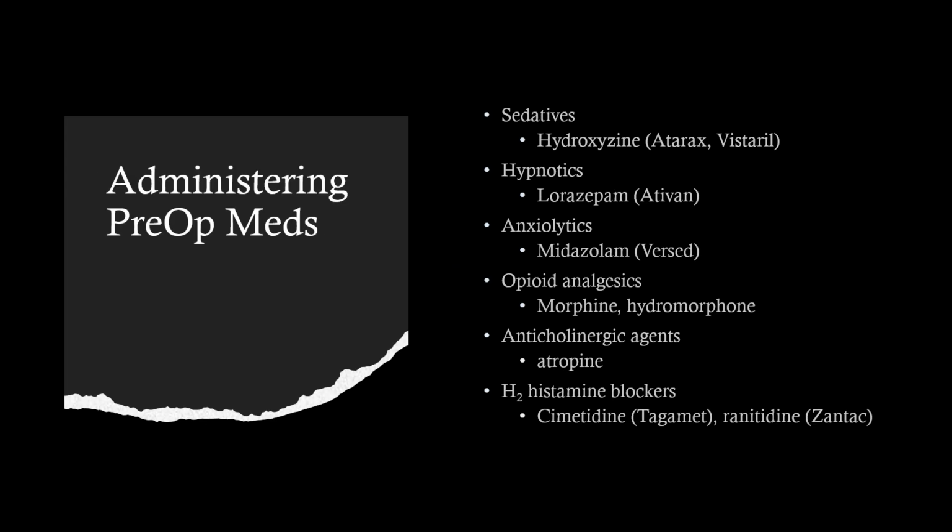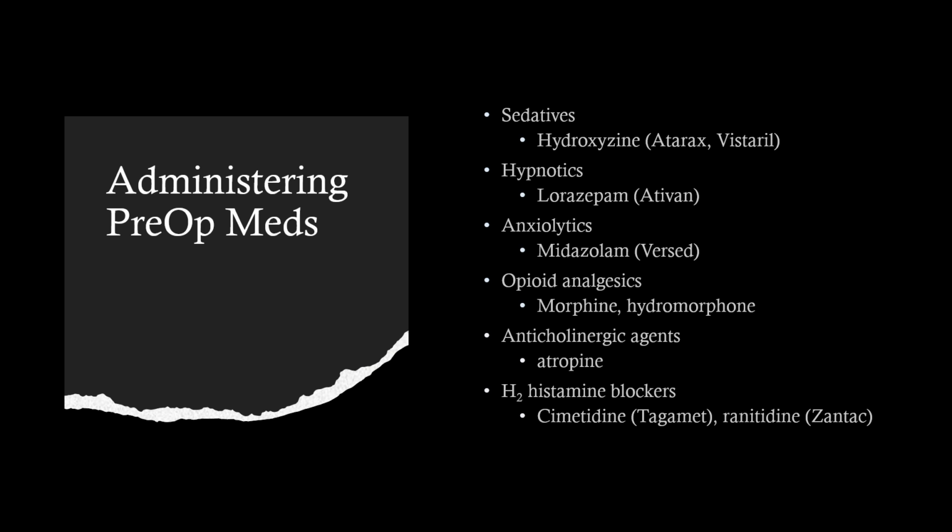Okay, here are some of the preoperative medications that you may administer or see. One class is sedatives, and some common sedatives are Atarax and Vistaril. These medications induce sedation by reducing irritability and excitement. Hypnotics: lorazepam, also called Ativan.